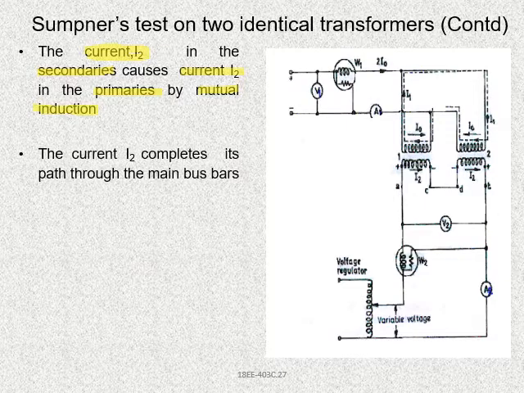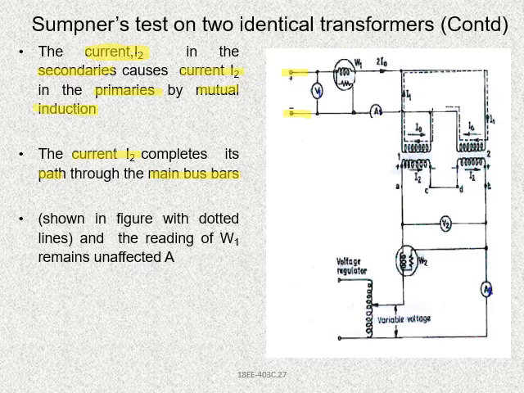The current I2 completes its path through the main bus bars. These are the main bus bars. Shown in the figure with dotted lines, where you can see the dotted lines over here.